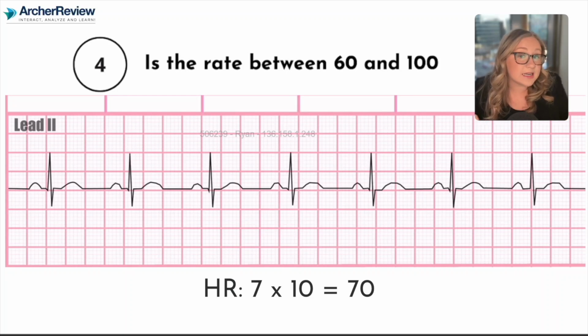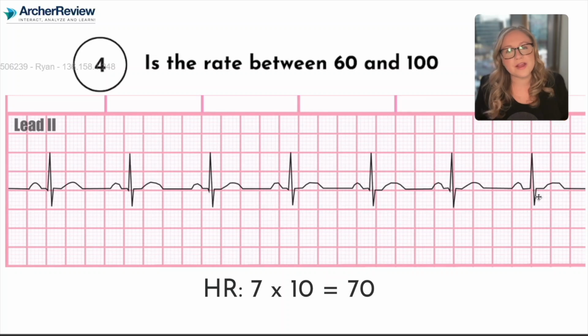That's really handy for us because when you multiply 6 by 10, you get 60. And how many seconds are in a minute? 60. That means when you're looking at these strips, if you count how many QRS complexes there are, and you multiply them by 10, you get the heart rate. So do a little practice here with me. We have 1, 2, 3, 4, 5, 6, 7 QRS complexes. 7 times 10 is 70.